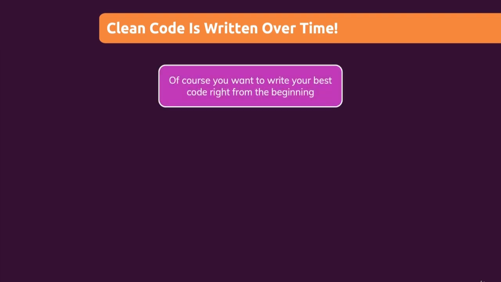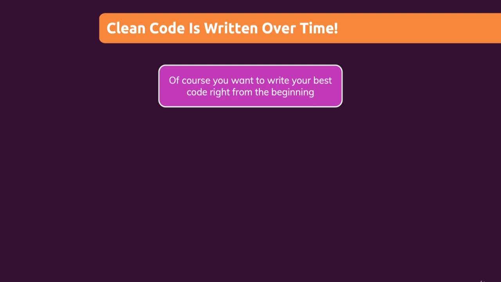I know we all want to get started diving into these sections where we learn about the different pain points and their remedies. However, you still have to be patient because writing clean code takes time. It's written over time, and of course, you want to write your best code right from the beginning.